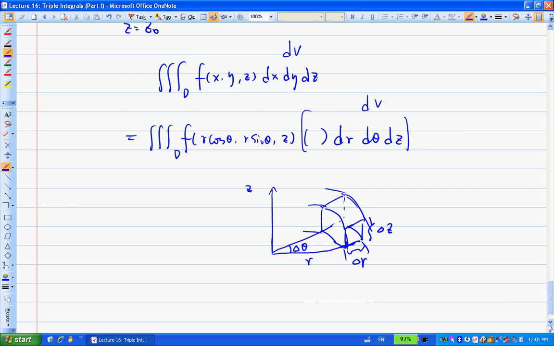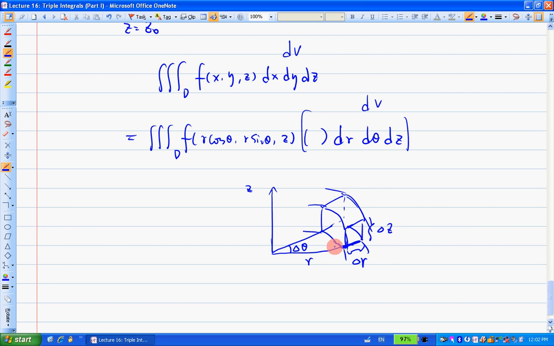That's a way of approximating the volume of a small region. Because it's small, I can think of it as a rectangular box. So the volume is the area at the bottom multiplied by the height. The bottom area is this side multiplied by this side.